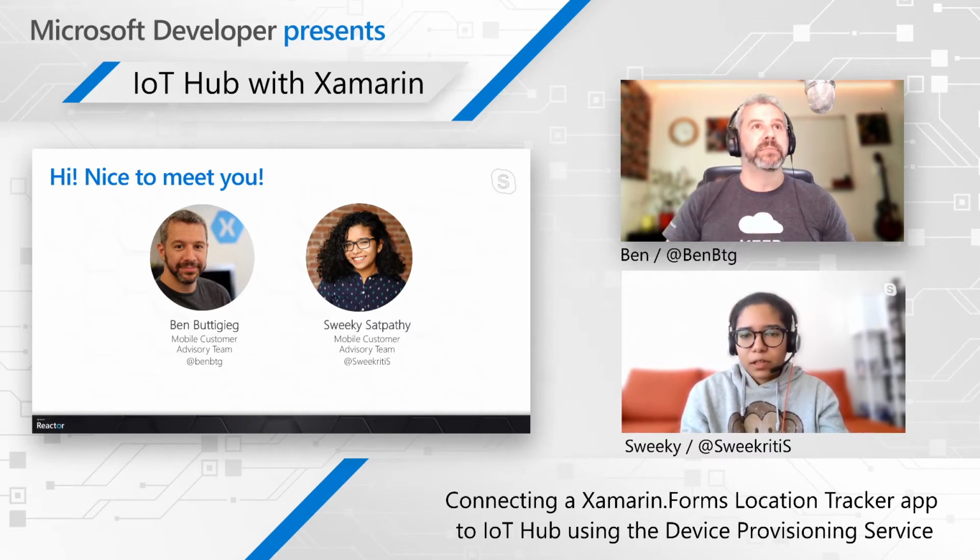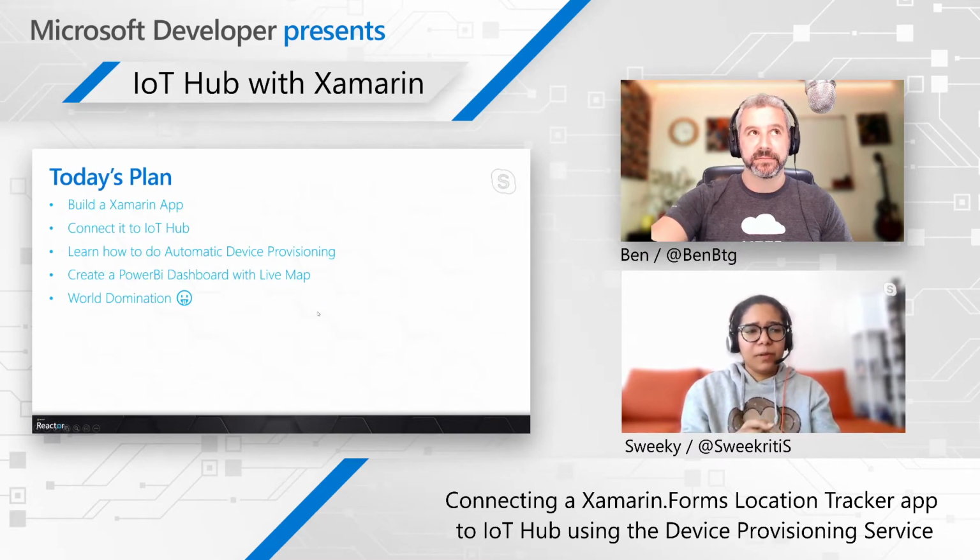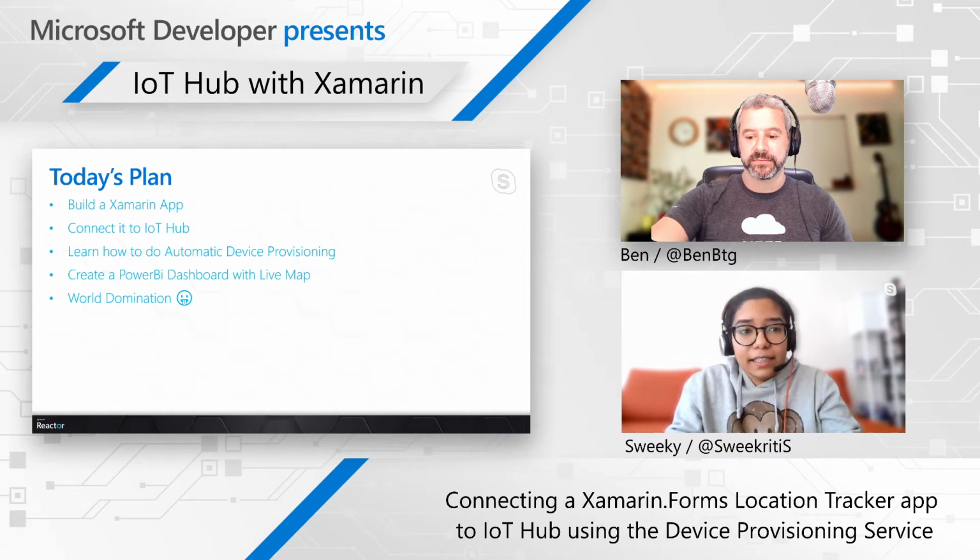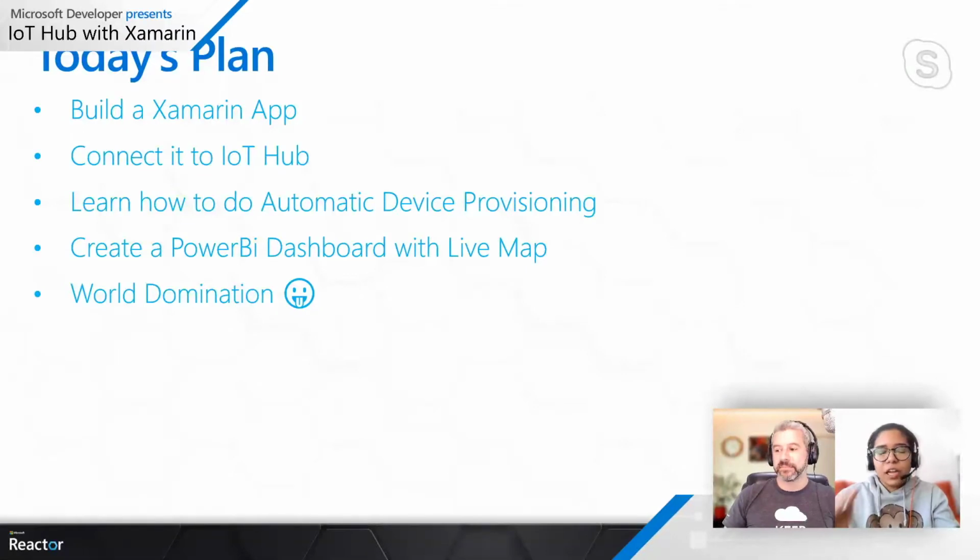Cool, okay. So let's quickly go over what we're planning to cover today. The idea is we're going to help explain to everyone how to create a Xamarin app. This Xamarin app is what is going to connect to IoT Hub, so we're going to work through what that process looks like. We are going to see how automatic device provisioning works.